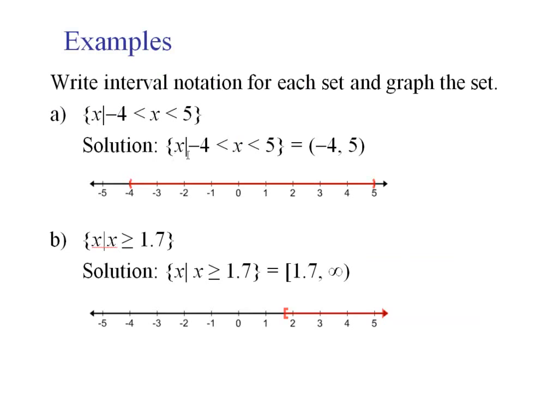Some examples, simple examples, right? X is in between -4 and 5, and they're both strictly less than, strictly greater than. So you can see those are round, kind of hard to tell. Here we have x is greater than or equal to 1.7, so that's where you get your square bracket.